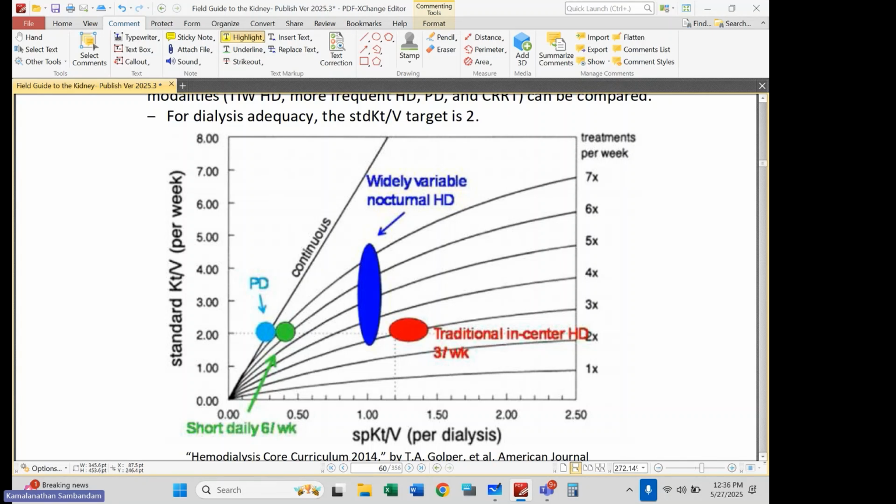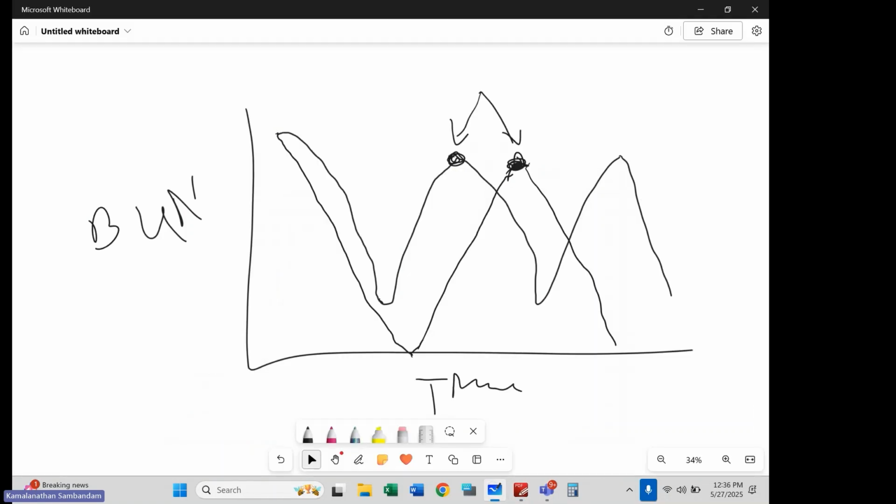I challenge you to look at what your standard weekly KT/V is when you're doing CRT. CRT is obviously going to fit this continuous line. If you were to calculate KT/V for continuous renal replacement therapy, you should be able to do that. How would we do that? I'm not going to do the calculations, but I'm going to show you the numbers, right?